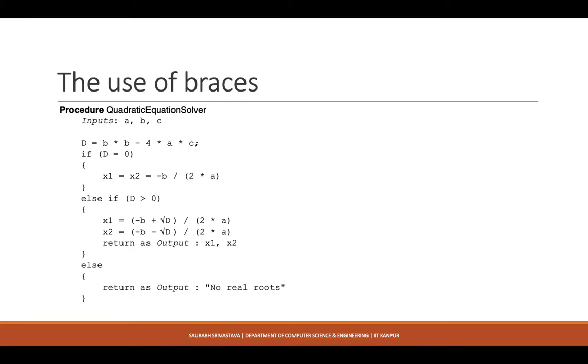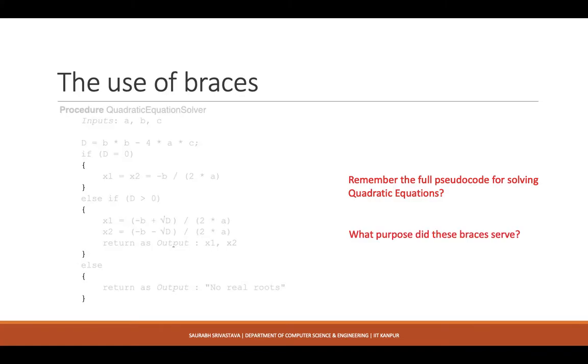So let's just start with the use of braces, right? Remember this full pseudocode that we had written for solving quadratic equations. What was the purpose of these braces? Braces, as in these pair of curly brackets. One thing that you can already observe is that they marked the start and end for a specific set of scenarios.